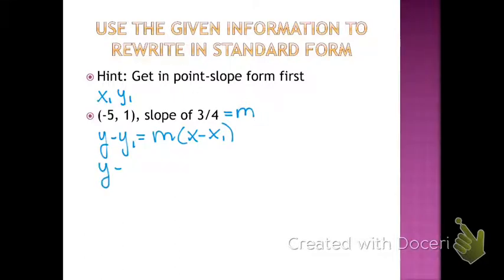So the y1 was 1, the m was 3/4, and the x1 was negative 5. And we're trying to write this in standard form, so we're going for ax plus by equals c, where a, b, and c are integers and a is positive. We'll be distributing the 3/4 next.